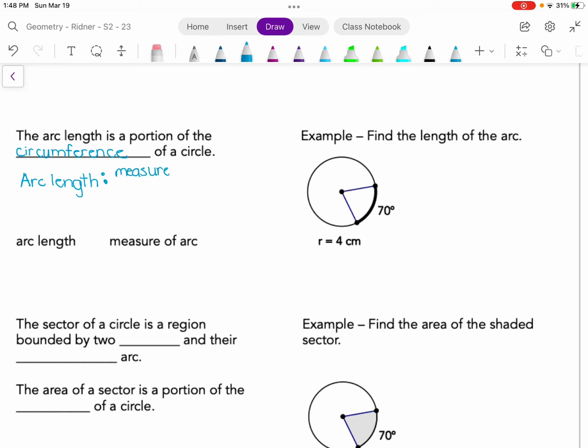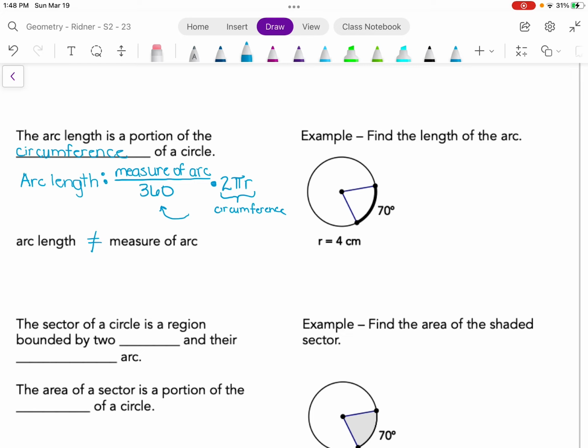The measure of the arc divided by 360, because remember 360 is a full circle, times 2 pi r. So remember, 2 pi r would give me the circumference of a full circle, and we just want to take a fraction of that circle. Arc length does not equal the measure of the arc, so remember that.